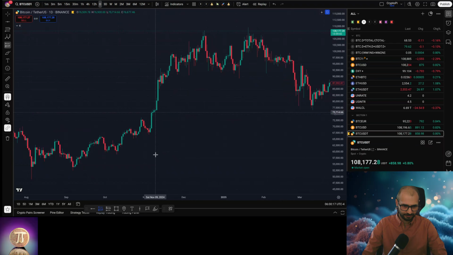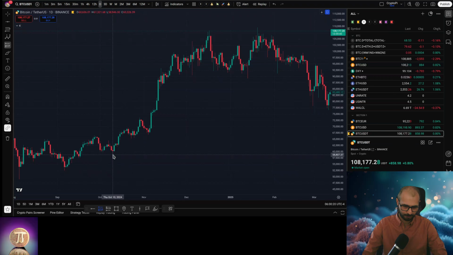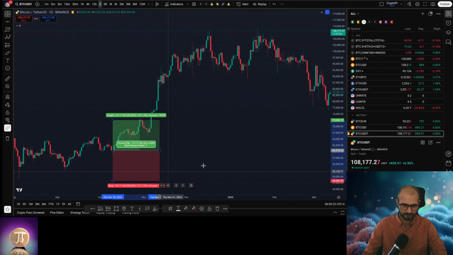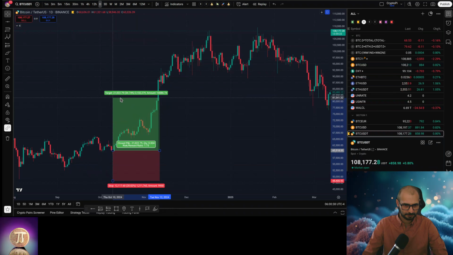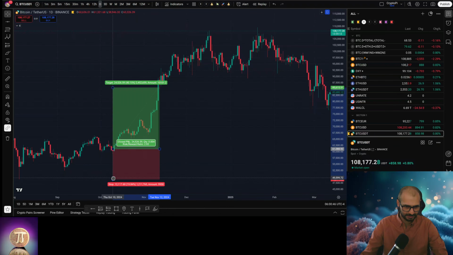At the end of the day, I wait for the price to close and I take a long position. What it shows here is that if I have taken a long position here, I would be able to make a pretty good profit depending upon what my risk is and what my reward is.